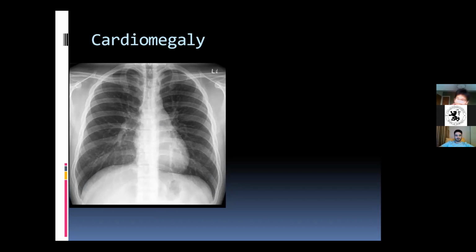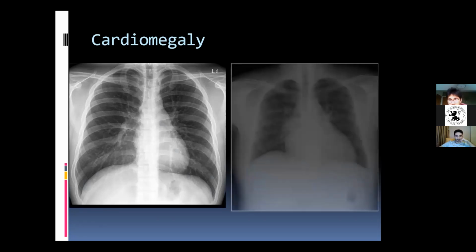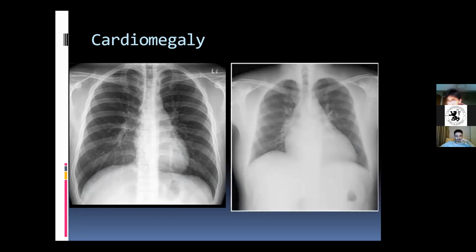Good, Moina got it. We can never ever evaluate the size of the heart on an AP. We always have to look at the PA. So here we have a PA view, and you can see how much more oblique the clavicles are in this. This is true cardiomegaly. If there's one thing that you need to remember, it is that cardiomegaly is only evaluated on a PA view.